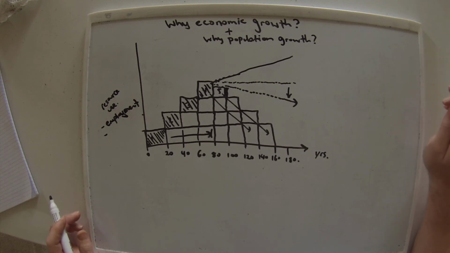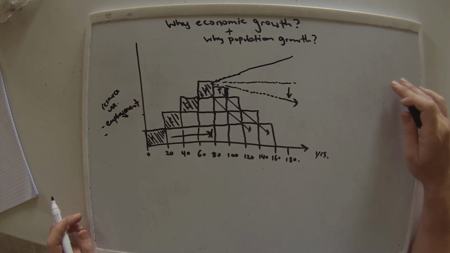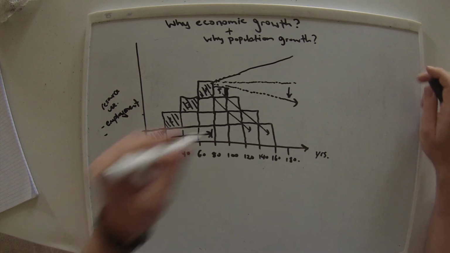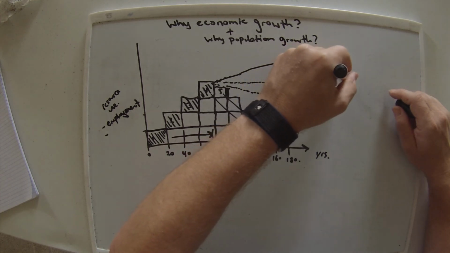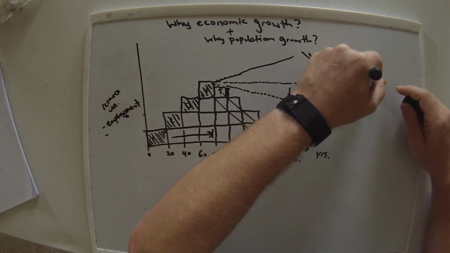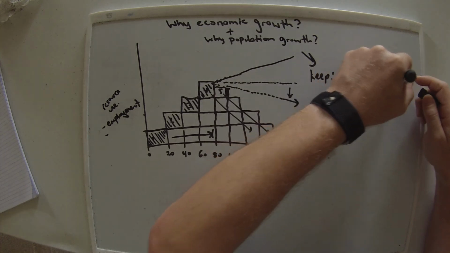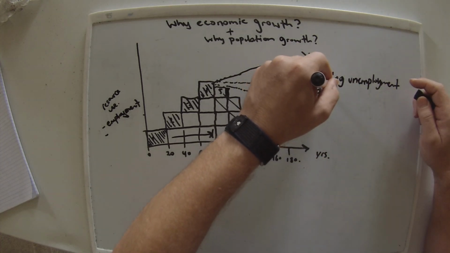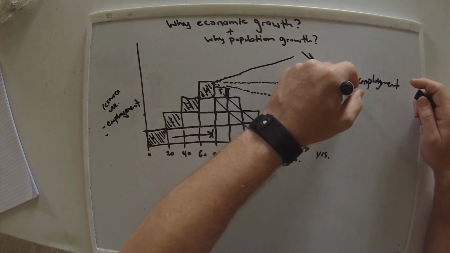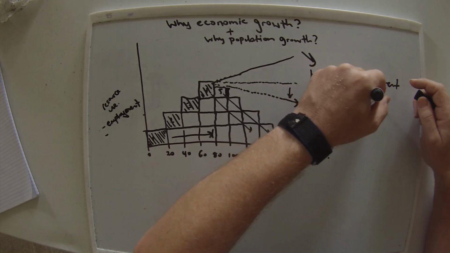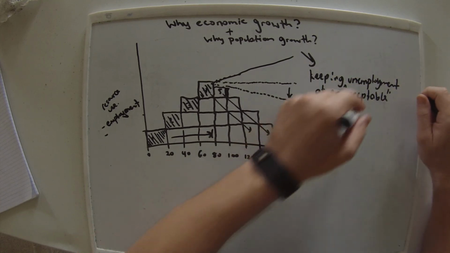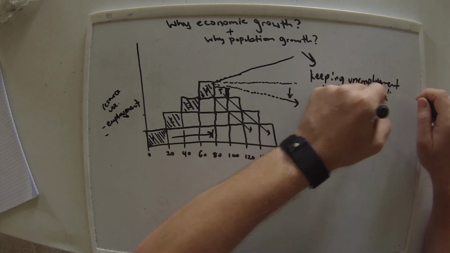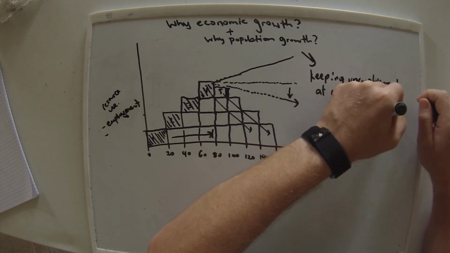But you never hear mainstream economics say that's why economic growth had to happen. Economic growth is about population growth, for the purposes of keeping unemployment at an acceptable level, and I'll put acceptable in inverted commas. So we're trying to keep unemployment at say 4, 5, 7%.